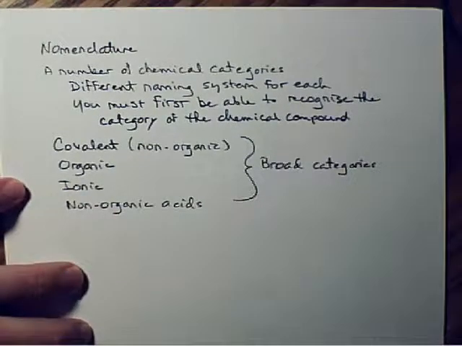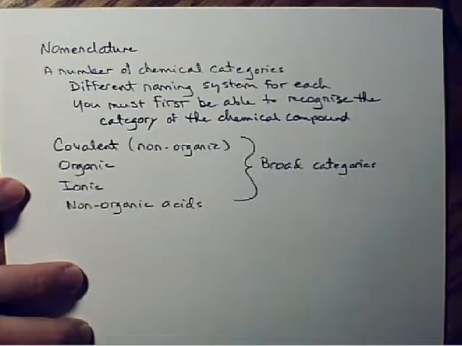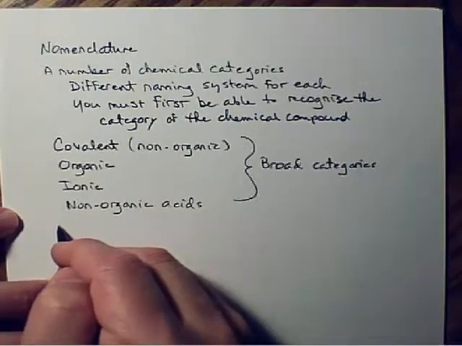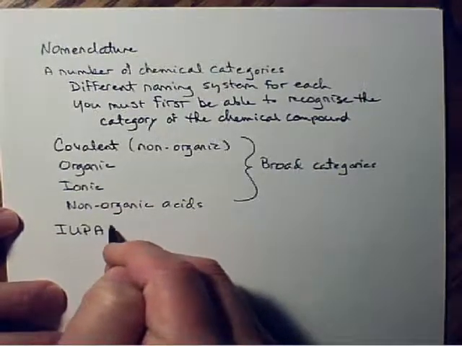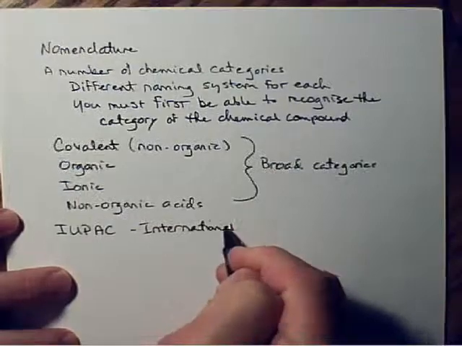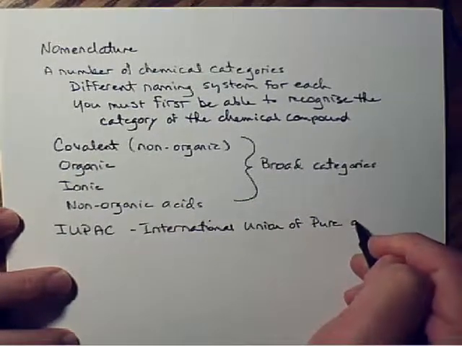And there are always exceptions. There are even some common names for things that don't really fit the classification system. But the classification system we're going to be using is set up by an organization called IUPAC, the International Union of Pure and Applied Chemistry.